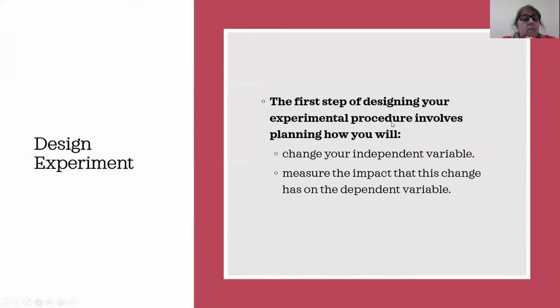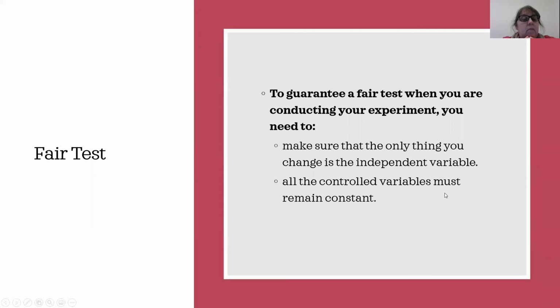So the first step of designing your experiment procedure involves planning how you will change your variable and how you'll measure its impact, right? So it's very simple. And it's important to understand what a fair test is. That means that you only change one variable at a time, and that way you can see how that change affects your system.